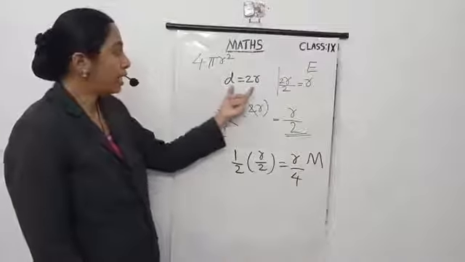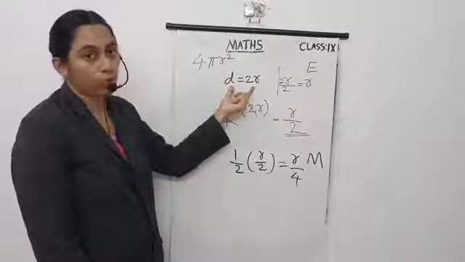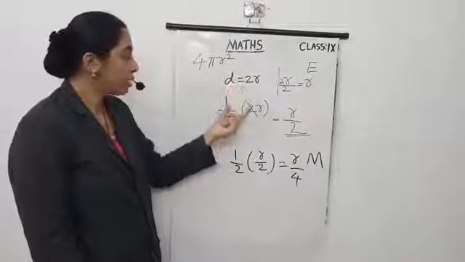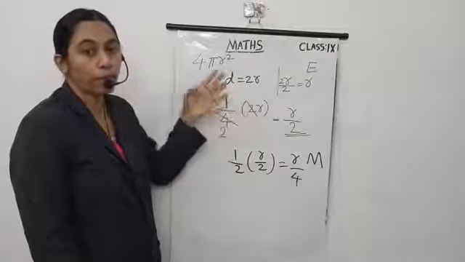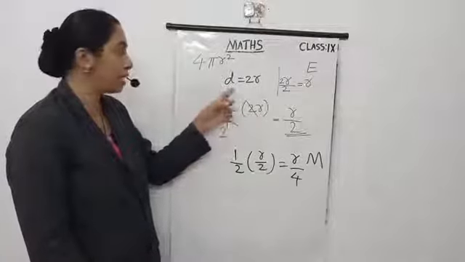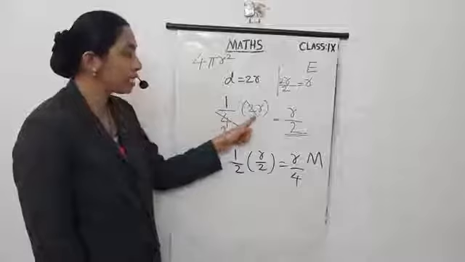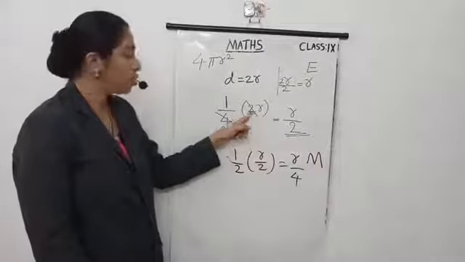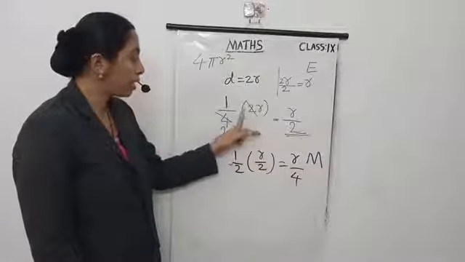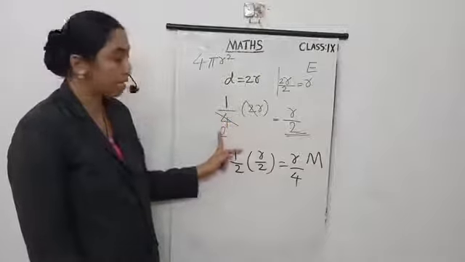We take diameter of earth as 2r. Then diameter of moon is 1 by 4th of earth's diameter. That is 1 by 4th of earth diameter 2r. So 1 by 4 into 2r, we can cancel 2 and 4, we get here 2.